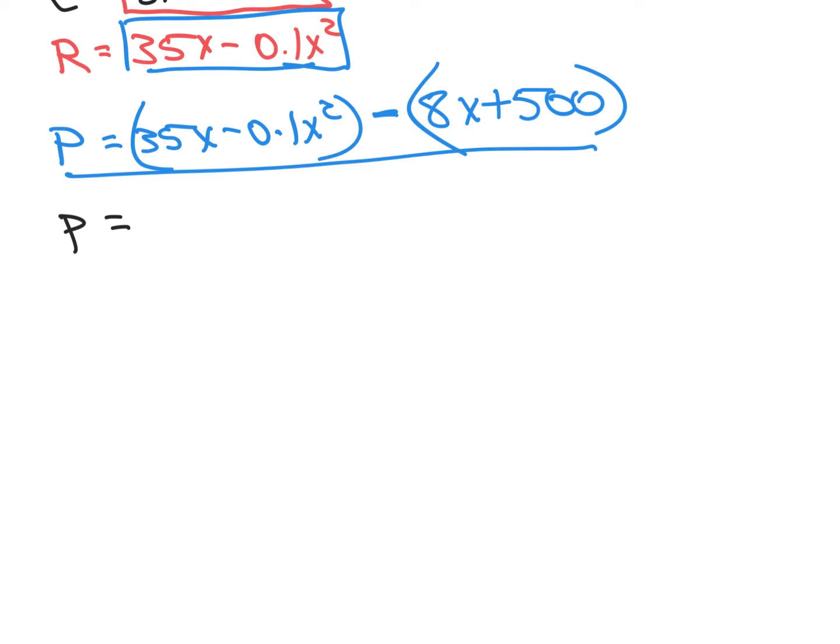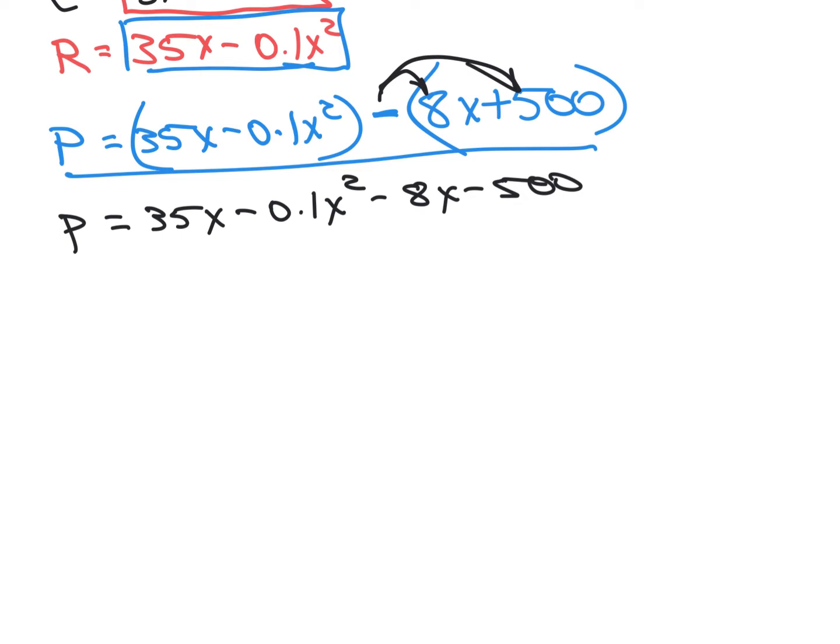So P equals 35x minus 0.1x squared minus 8x minus 500. Remember, we have to distribute. We're trying to get the parentheses off. The way you take the parentheses off on the second parenthesis is to change the signs of everything in there.